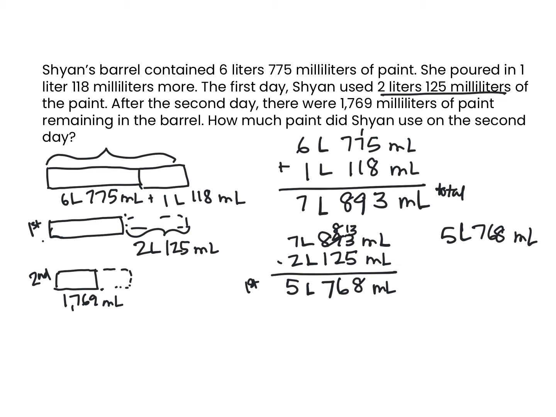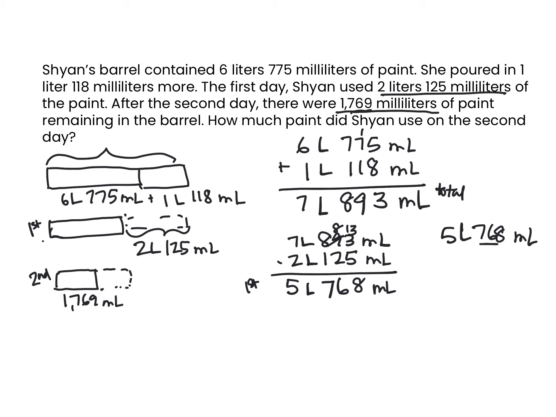Now, there were 1,769 milliliters of paint left in the barrel. I'm going to go ahead and turn that into liters and milliliters because that's what we've been working with. So I know that this is going to be a little bit annoying though. So I think actually what I'm going to do, I'm changing my mind right now, because I'm seeing by looking that I have 769 milliliters, I have 768 here.